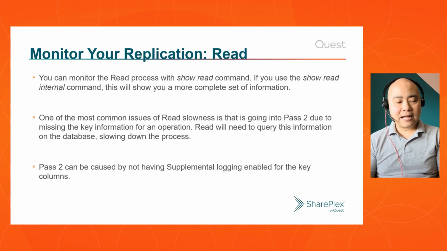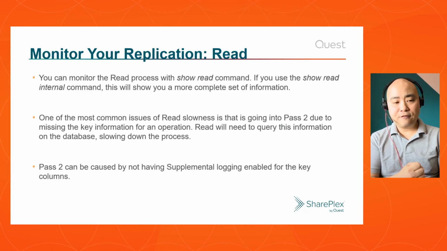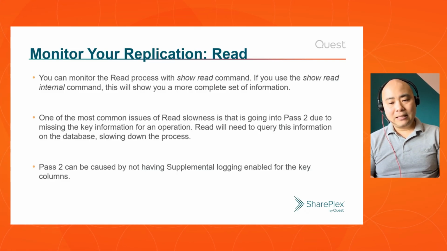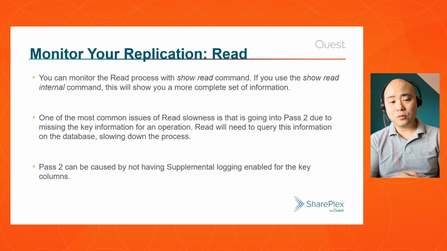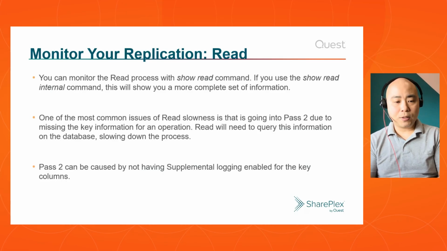If it doesn't have the key information, read will go into what we call pass two. It will connect to the database, collect the key information, put it in the message, and then send it to the export queue. Going into pass two will cause slowness in the processing, since that means it will need to go back to the database, collect that information, and process the message that way.